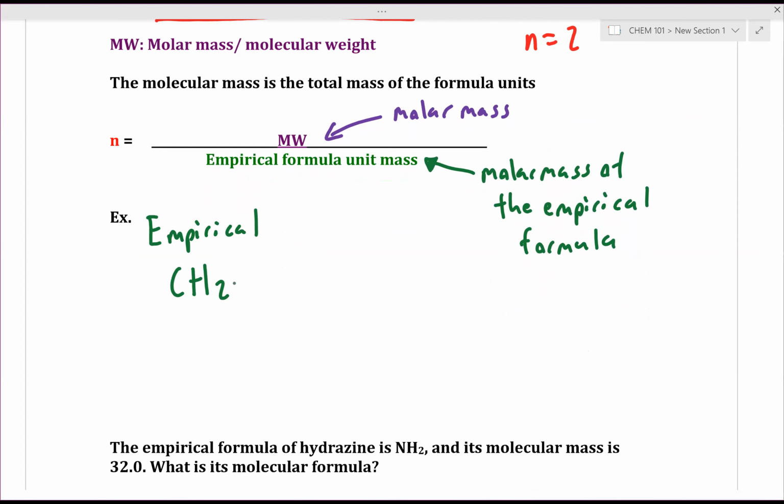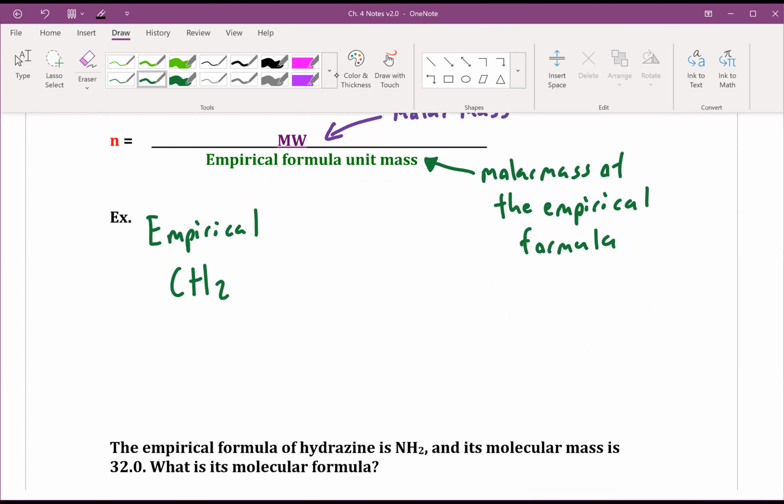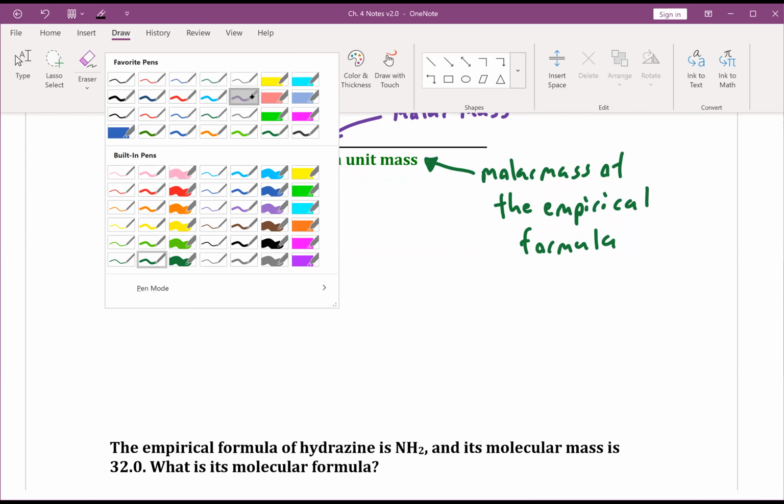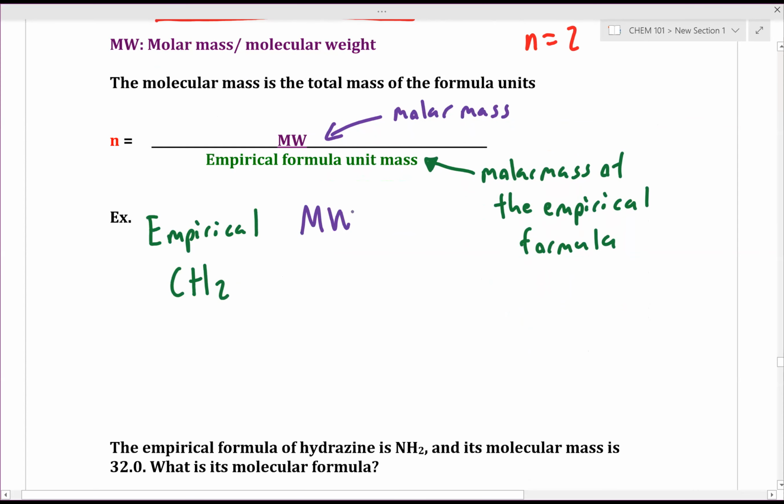We run a very carefully designed experiment to calculate our molecular mass or our molar mass, and we end up with a molar mass of 56.